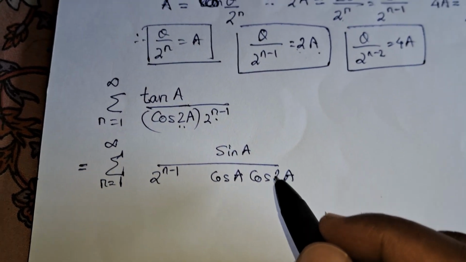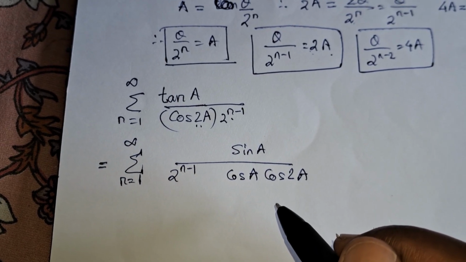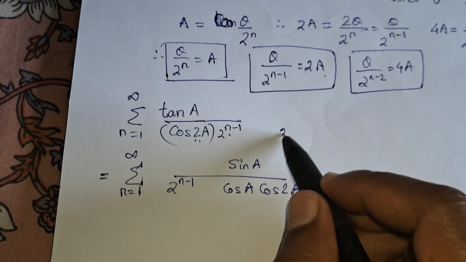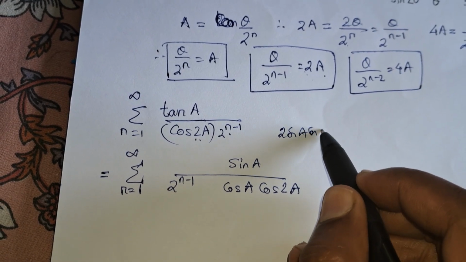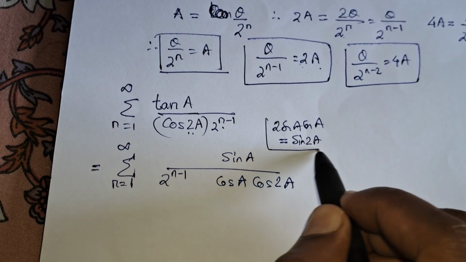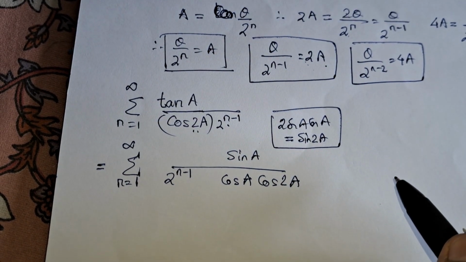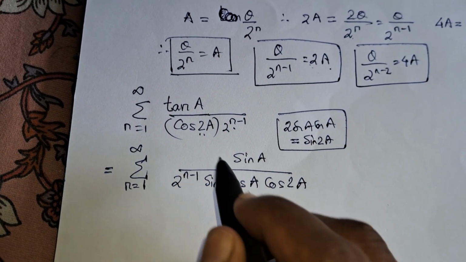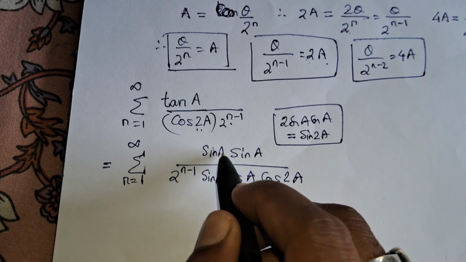Now we know 2 sine a cos a means sine 2a, correct? So if you write here sine a, we have to write over here sine a.